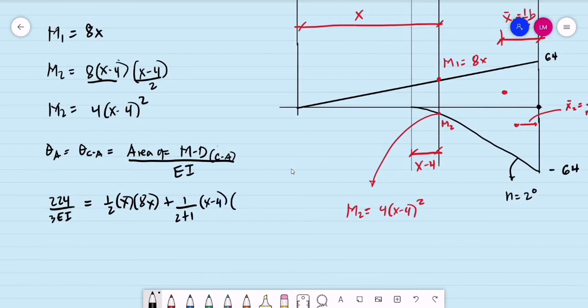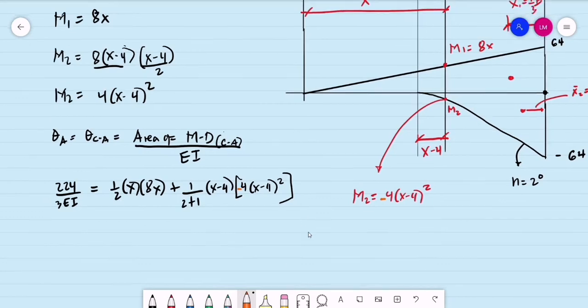The height is the magnitude of the moment. What is the magnitude of the moment? The magnitude of the moment is 4 times (x minus 4) squared. Since that is below our horizontal axis, supposedly this is negative. So this is negative 4 times (x minus 4) squared.